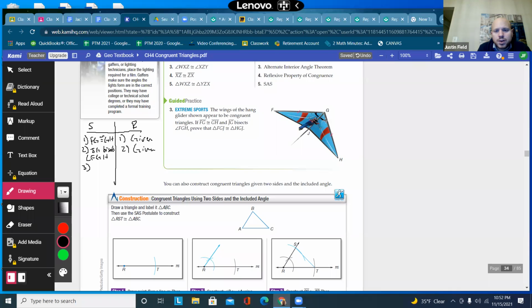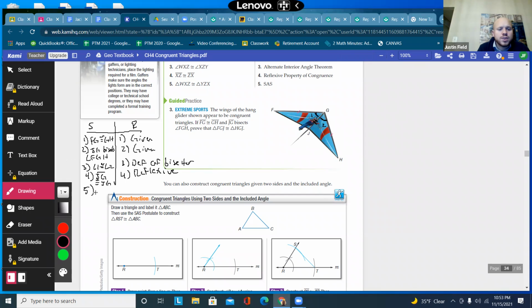Angle 1 is congruent to angle 2, definition of bisector. And also JG is congruent to JG. What's that reason? Reflexive property.